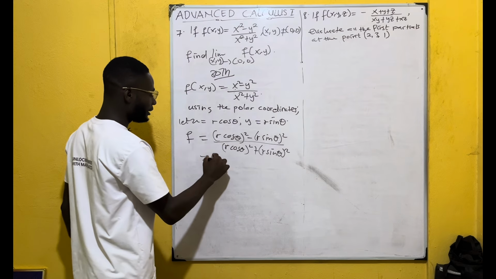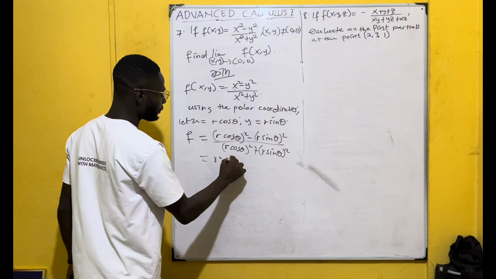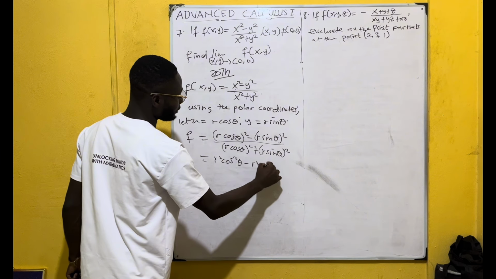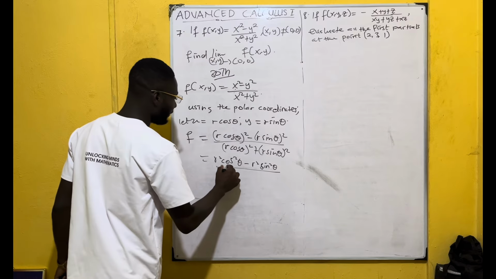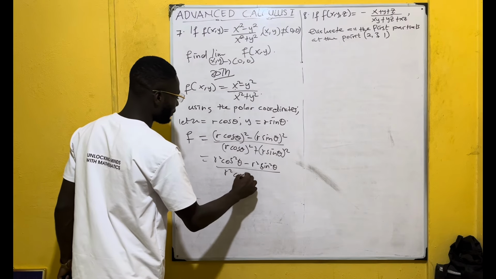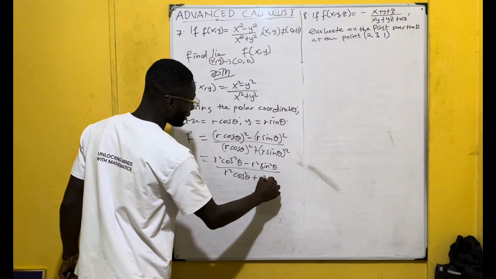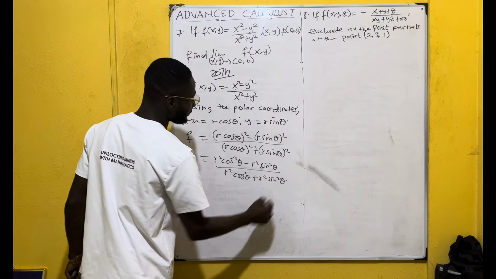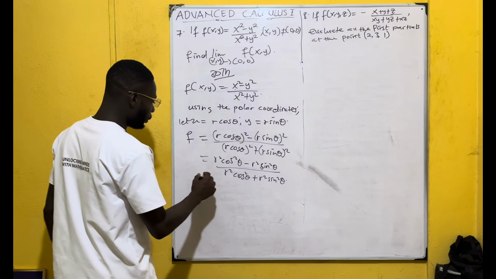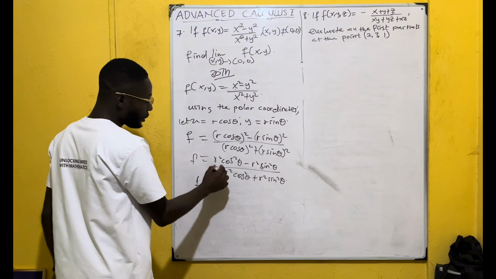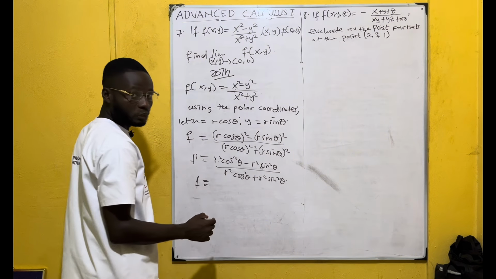So when you expand this, you have r squared cos squared theta minus r squared sine squared theta divided by r squared cos squared theta plus r squared sine squared theta, right? So we have our f to be equal to, r squared is common to these two items, right?